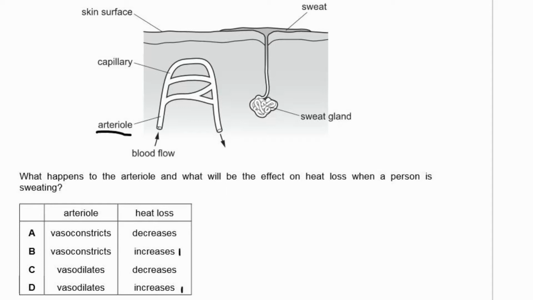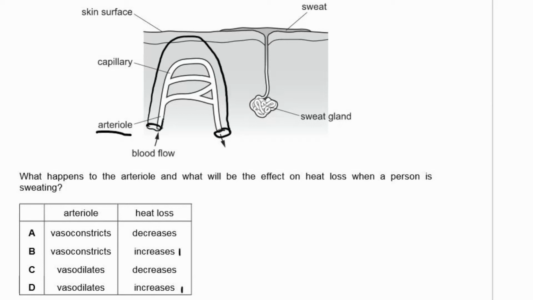Now, do you increase the amount of heat loss by having wide blood vessels, or do you increase the heat loss by having really narrow blood vessels? Well, the blood contains a lot of heat, and in order to get rid of that heat, you want the blood vessels to be nice and wide. You want to get as much blood to the surface.